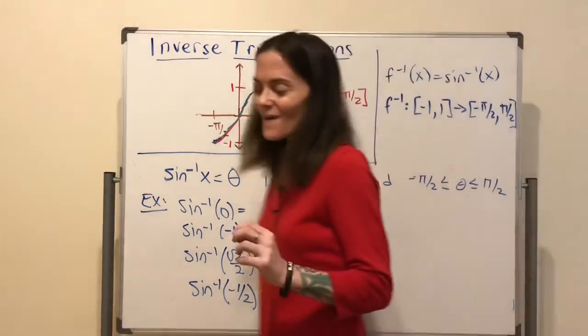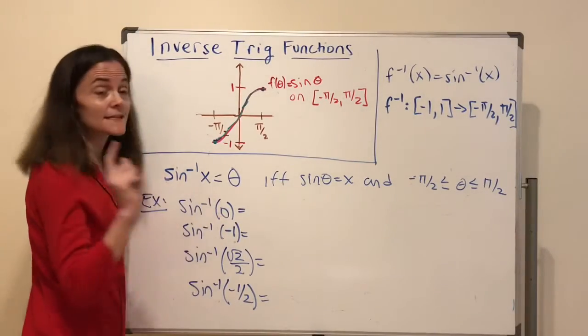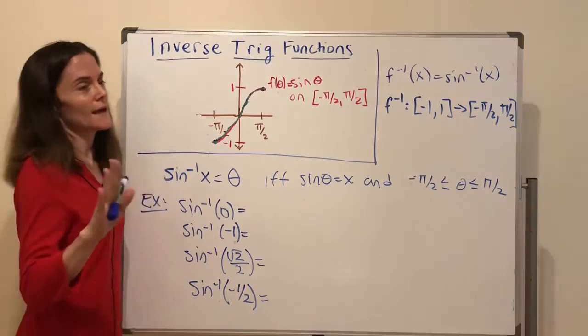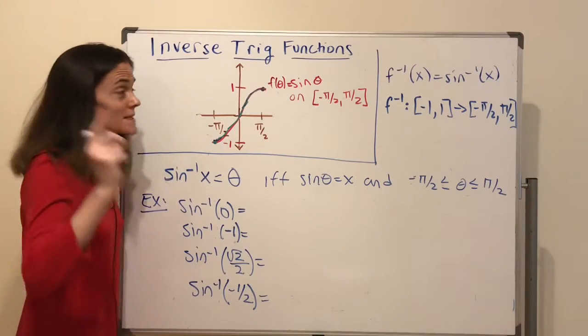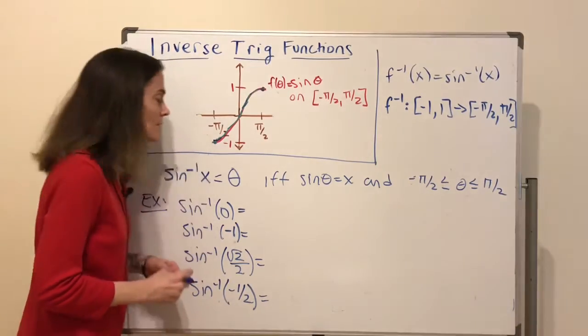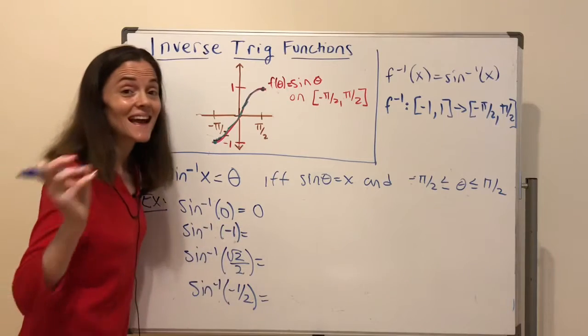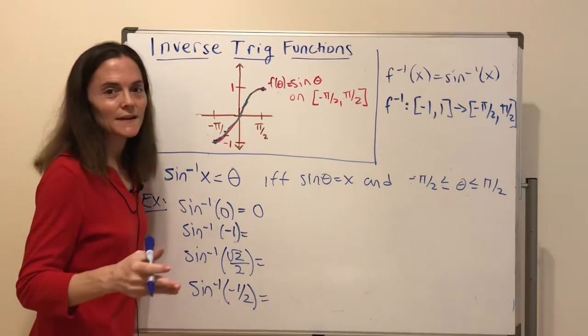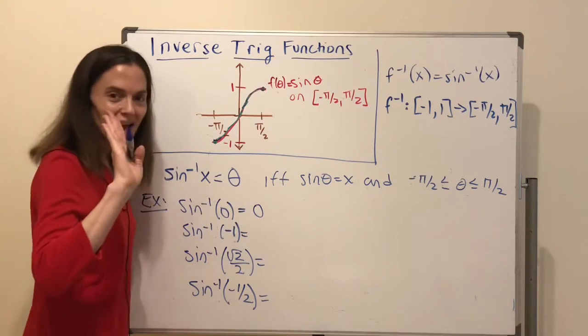This says the sine is 0 and theta is between minus pi over 2 and pi over 2. What's theta? Well, we're looking at a graph and we know the sine is 0 at 0. This says the sine is minus 1, and theta is between minus pi over 2 and pi over 2.